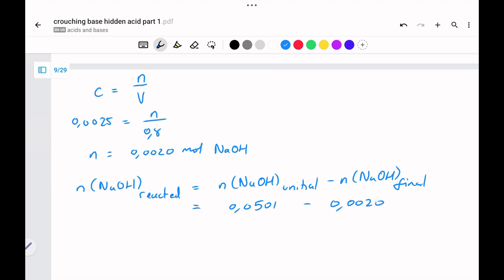These moles that we just found. And this gives us this number, 0.0481 moles.